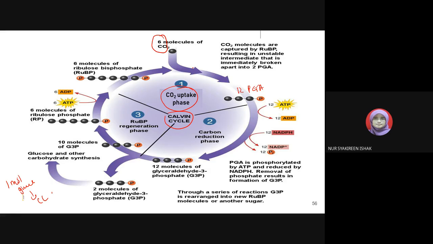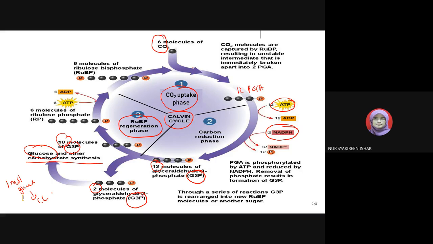So 12 molecules of PGA akan mengalami phosphorylation, akan reduced, hasilkan 12 molecules of G3P. Okay. So daripada 12 G3P yang terhasil, 2 G3P akan exit the cycle to form glucose and other carbohydrates. Okay. So another 10 remain in the cycle to enter into the RuBP regeneration phase.